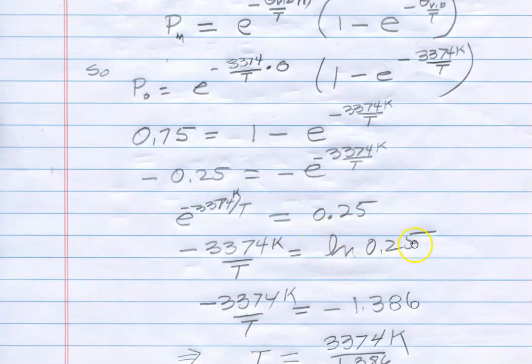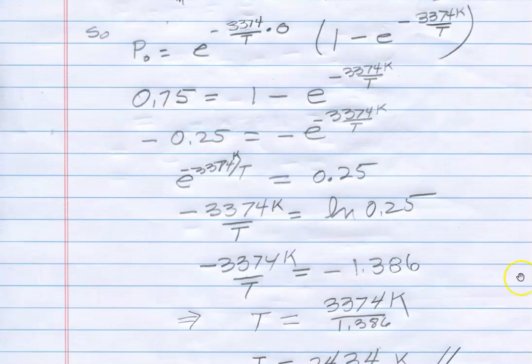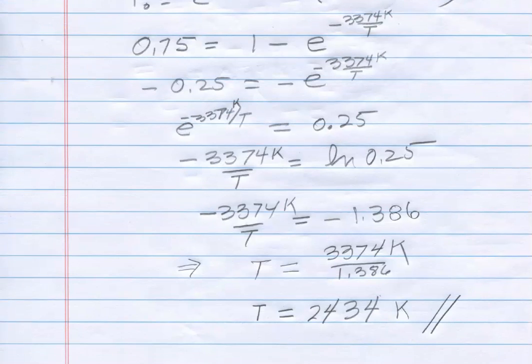Any fraction is going to have a negative log, and so this gives me a negative 1.386 when I calculated that in my calculator. And the minus signs go out, and then I can solve what's left for the temperature. It's 3374 Kelvin divided by 1.386.